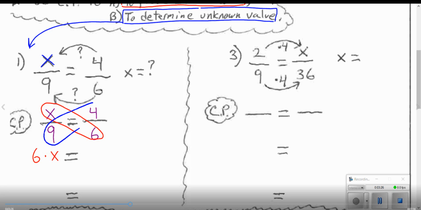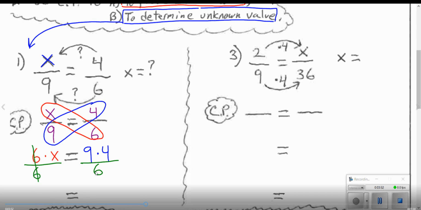On the other side, 4 times 9, or 9 times 4. Now we want the letter variable by itself. So if you remember before, to do that, I need to get rid of the 6. So I'll just divide by 6, because 6 divided by 6 is just 1.